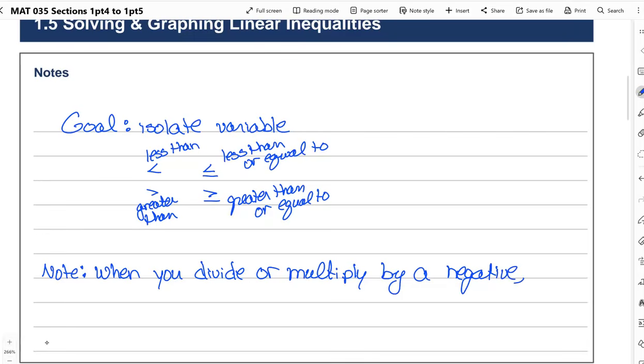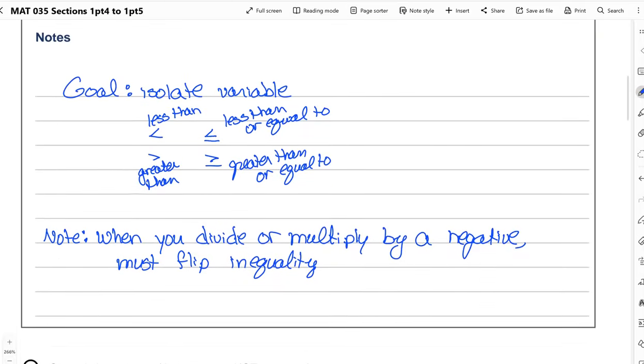When you divide or multiply by a negative, you must flip the inequality sign. So if it's a greater than, you're going to flip it to go less than. Okay, let me explain the why.